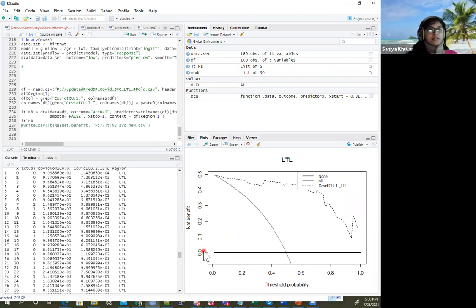So the code itself takes my predicted probabilities and runs them through Memorial Sloan Kettering Cancer Center's R function, which is based on the Andrew Vickers decision curve analysis methodology.